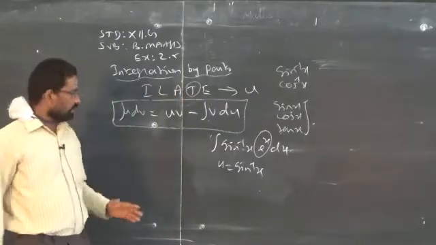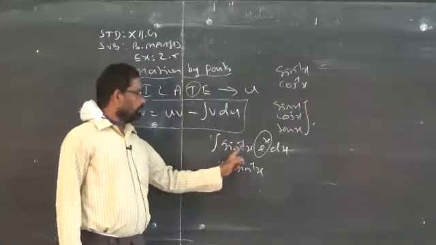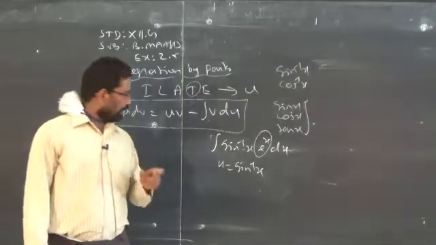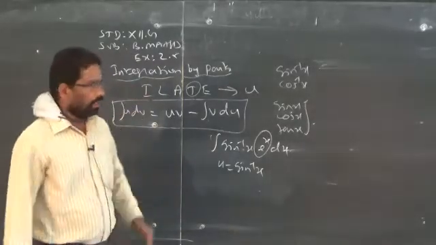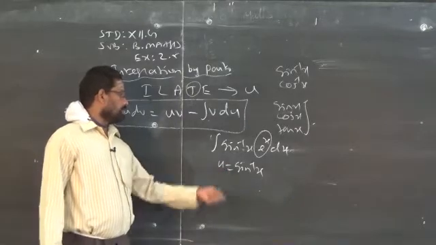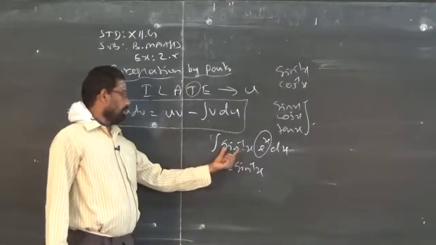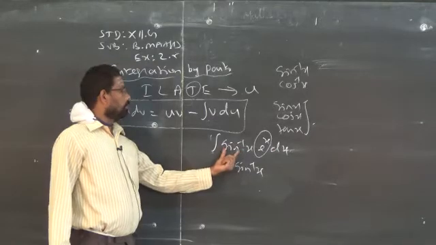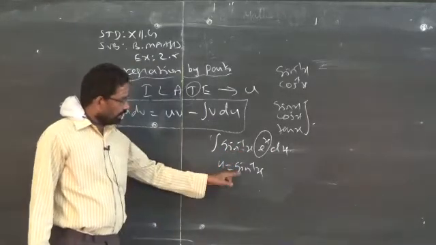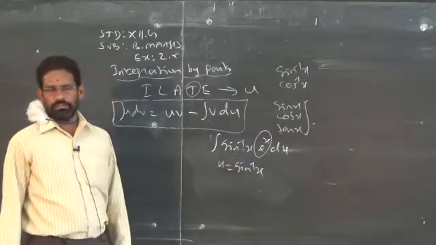Actually, what is the process to integrate when two factors are given in the integrand? A factor which is not able to be integrated directly, you have to consider as U, because you don't have an integration formula straight away for sine inverse of x. So you consider it as U, because you have a differentiation formula for sine inverse of x.